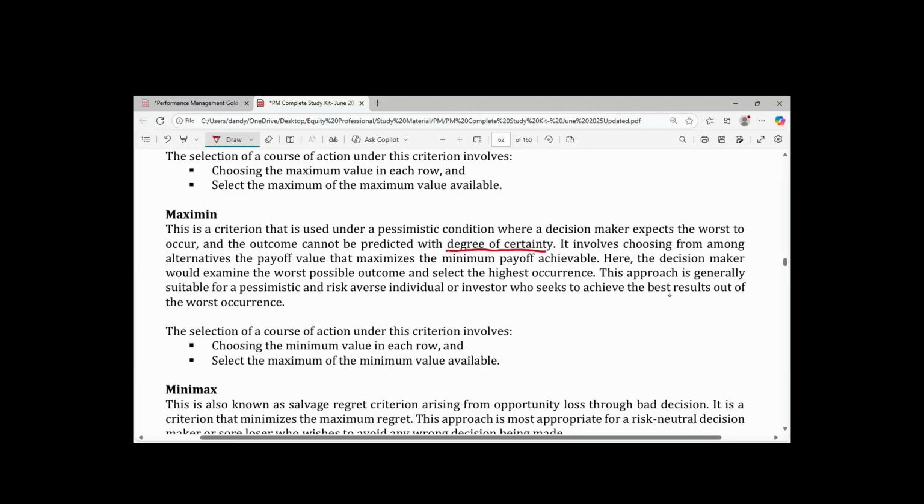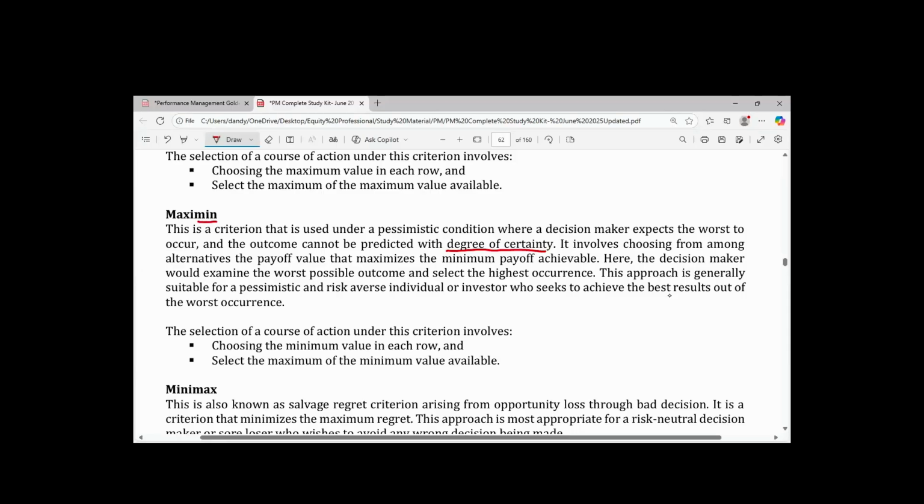Whenever you want to evaluate an alternative using the maximin criterion, you also have two steps. As the name implies, you start from the minimum value. First, you select the minimum value in each row.